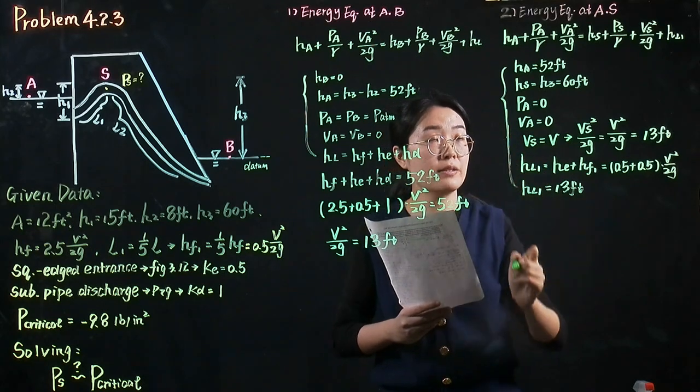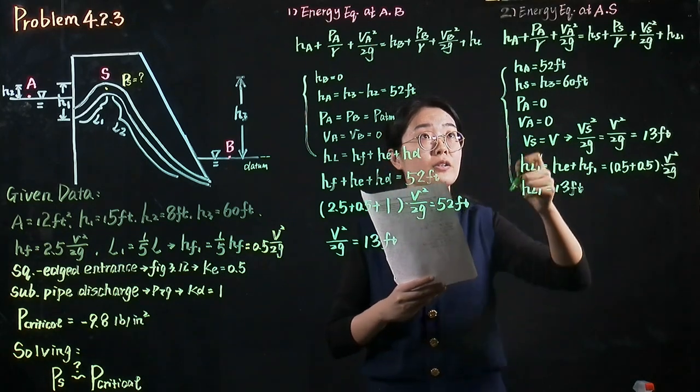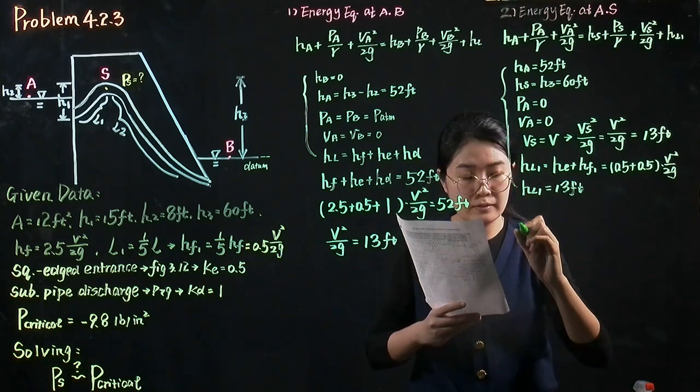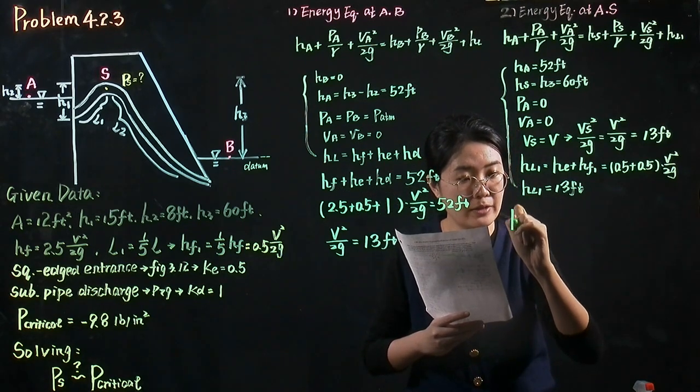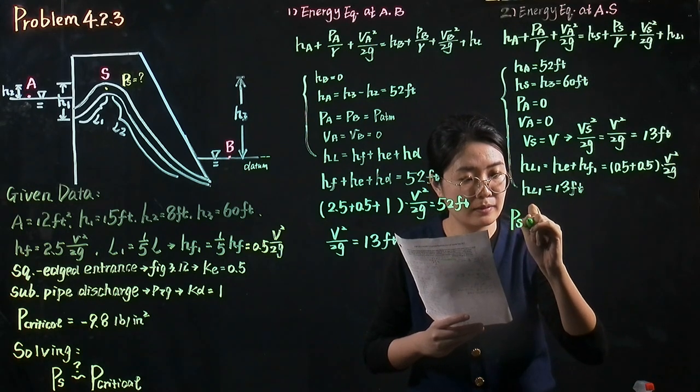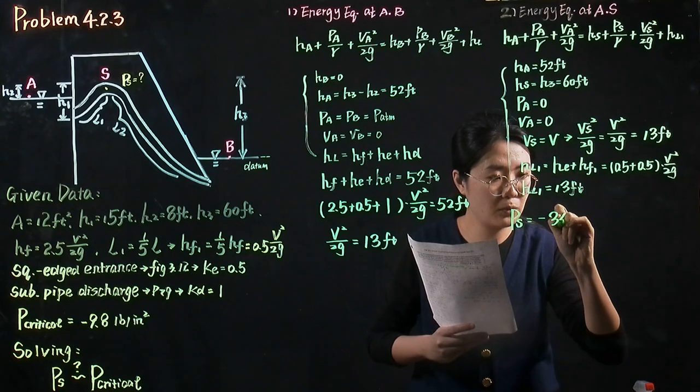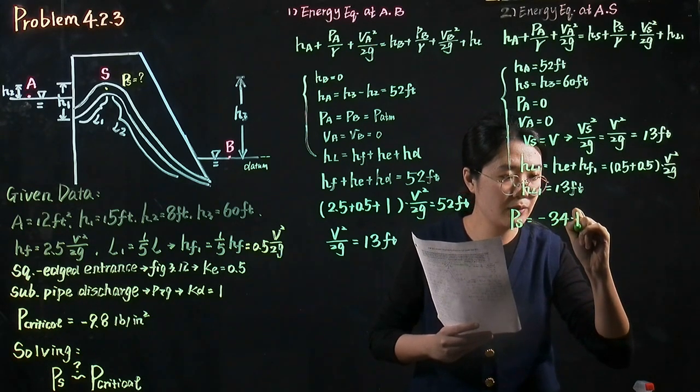After we bring this value into the energy equation, we can get the pressure at the summit equals minus 34 times the specific weight of water.